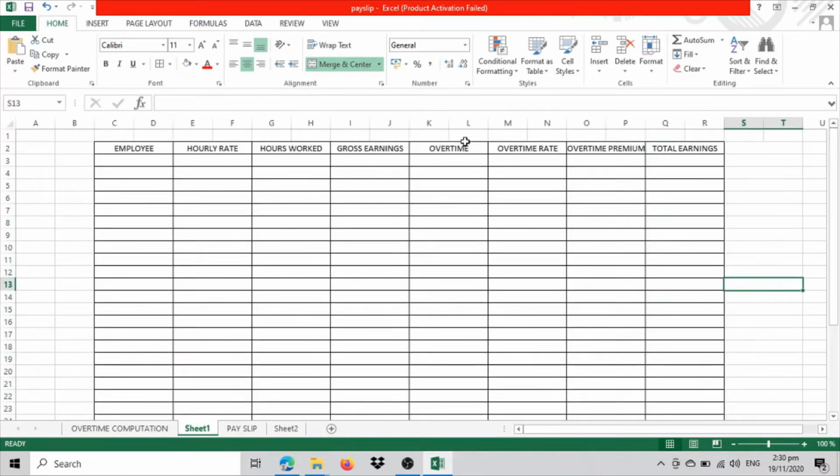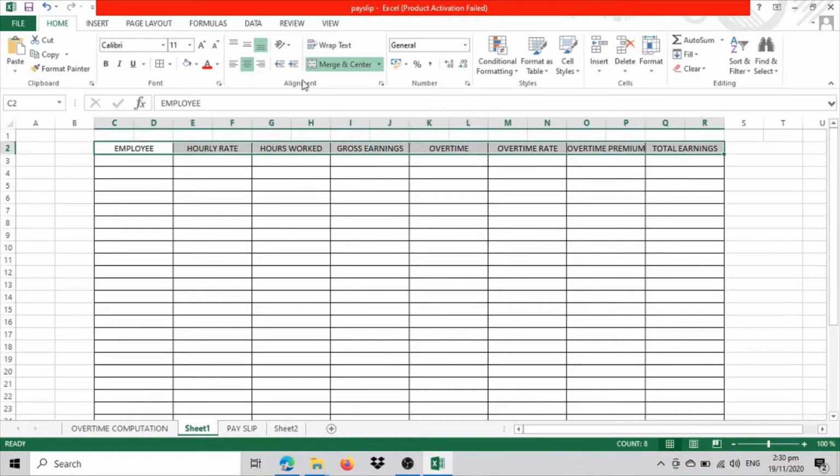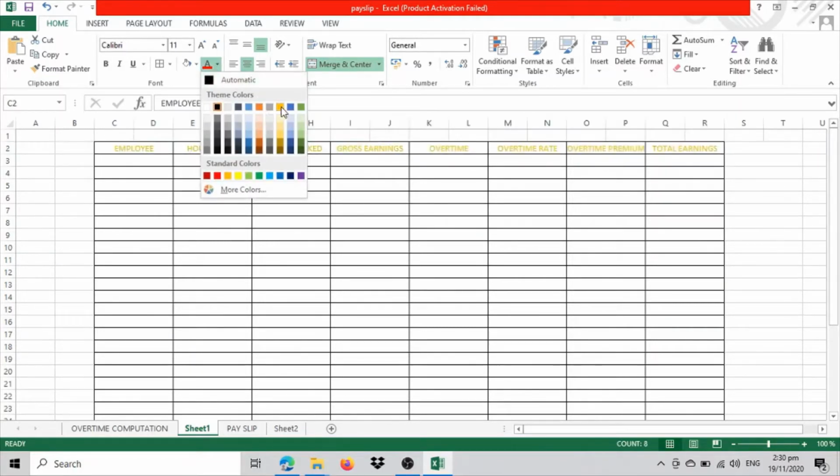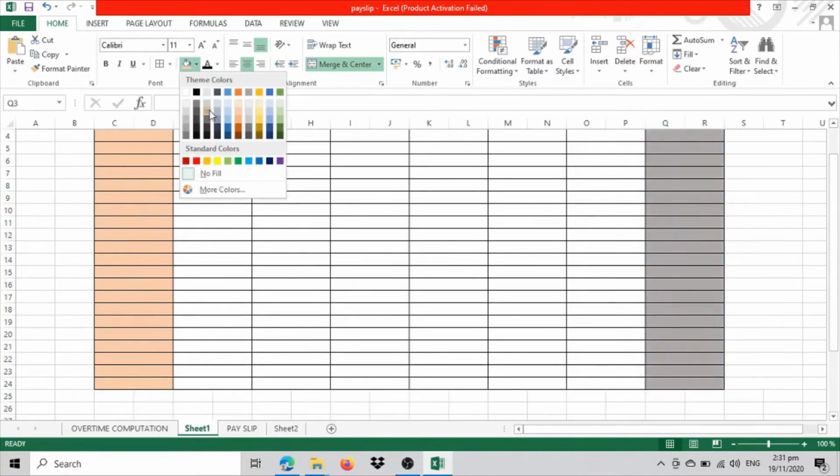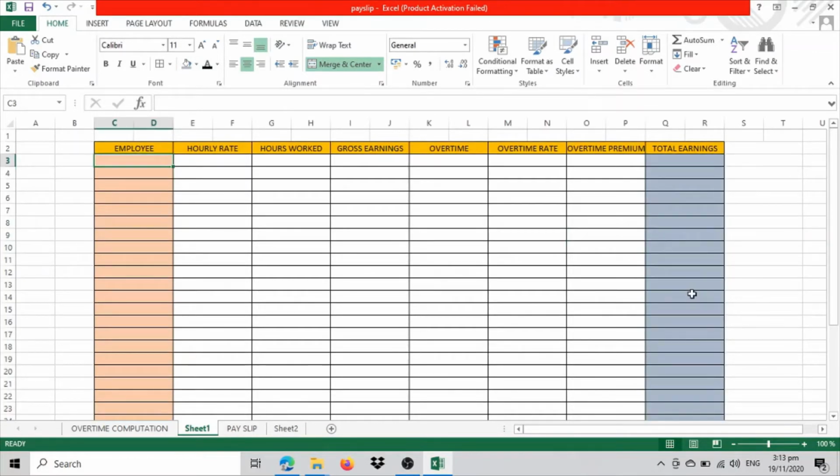After writing down the title of the said columns, you can put highlights to make it more presentable. Example: now that we are finished with the table, we are now free to write the cells, data, and formula.